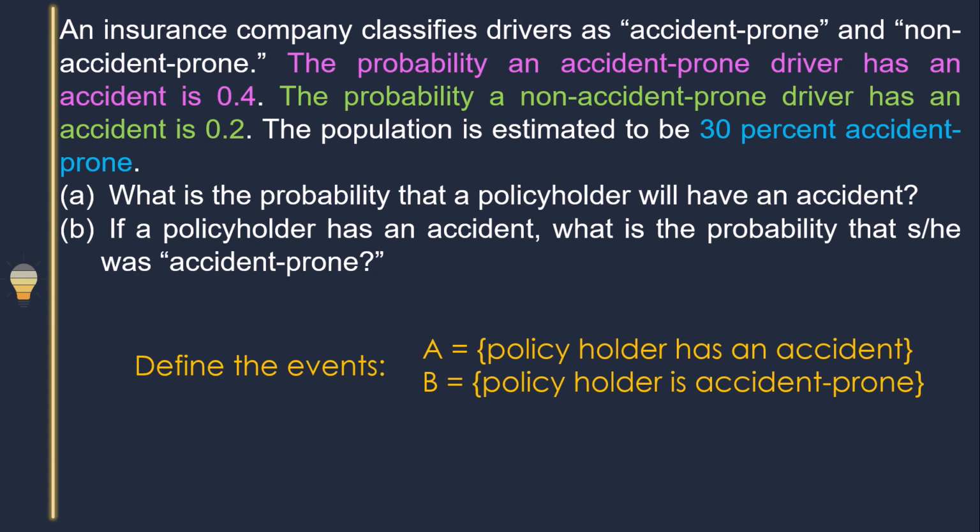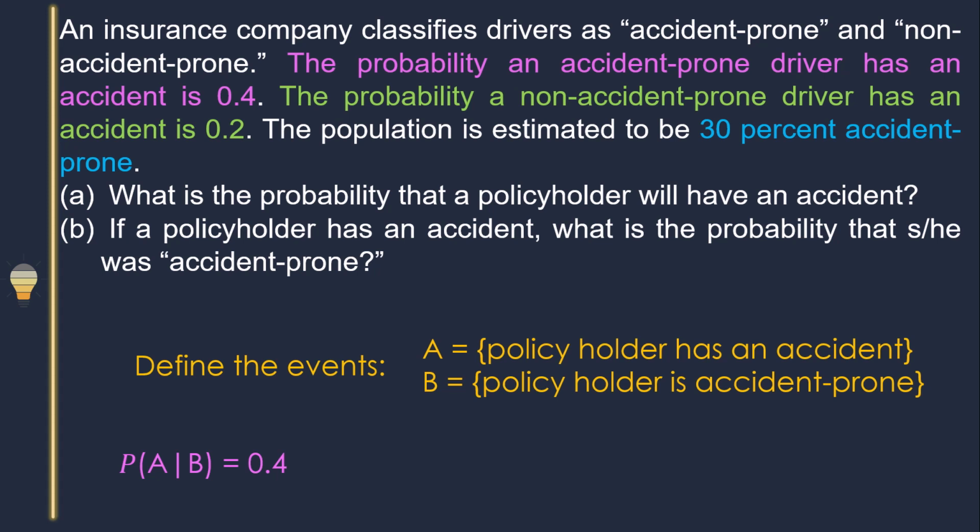So we know these drivers are coming from the accident prone driver group. Therefore, it is a conditional probability. Again, they are talking about the probability of accident, but only for the accident prone driver group. Therefore, probability of A given B equals 0.4.